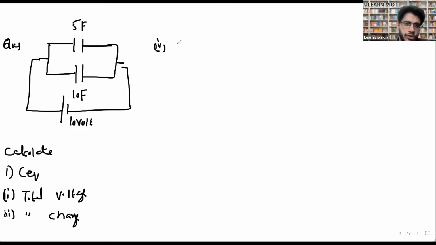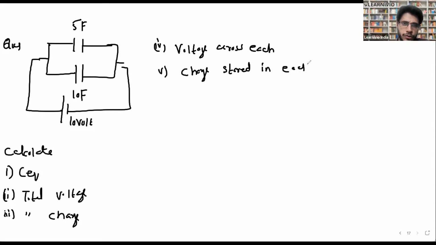Fourth, I need voltage across each. Fifth, I need charge stored in each. Sixth, I need energy stored in each.